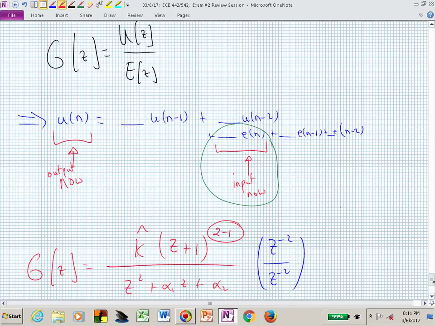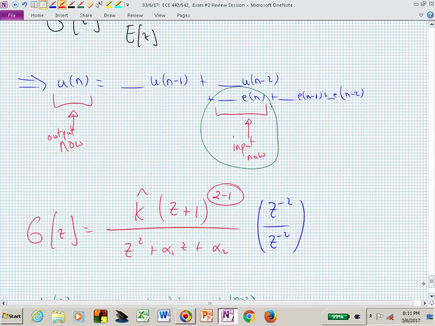And today we talked about what if we didn't like having to use that input now. Then what would we do? We would decrease our zeros at infinity by 1. So we did have 2 zeros at infinity mapped to z plus 1 factors. Let's remove one of those. Let's just raise it to the 1 power.